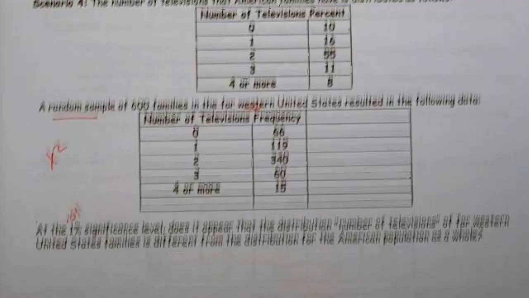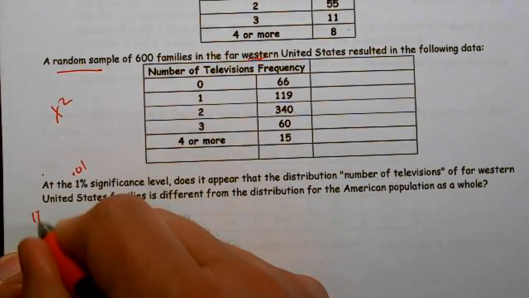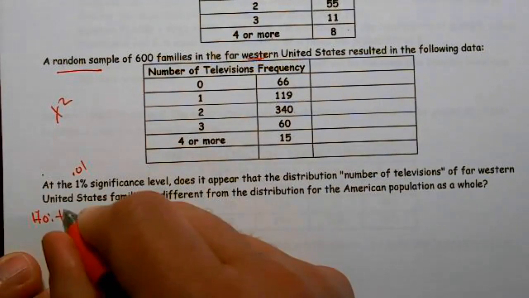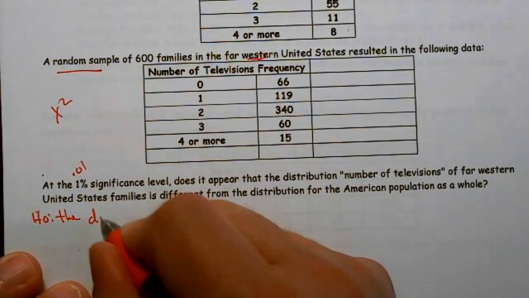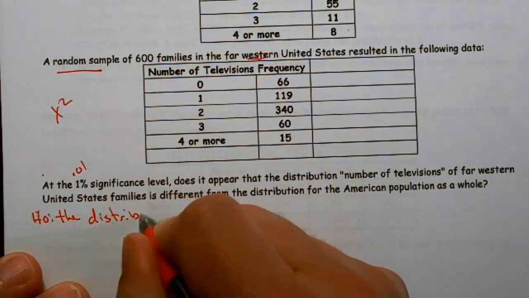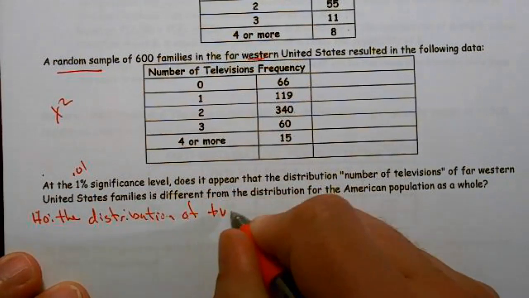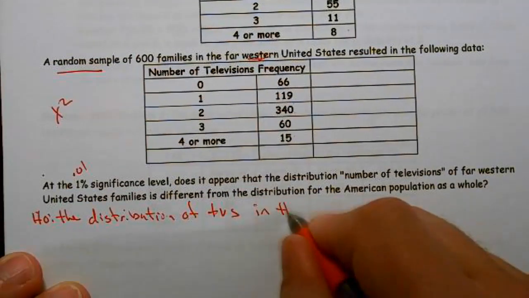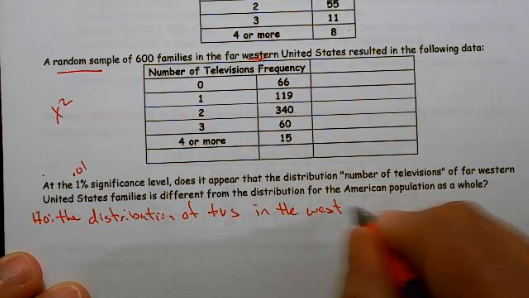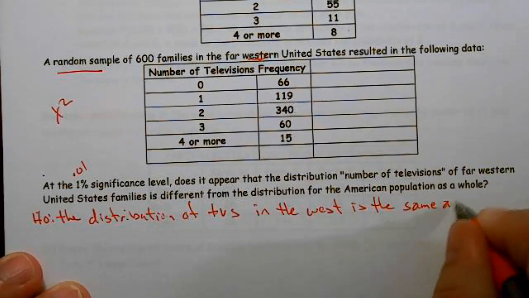So my null hypothesis in this case is H0, the distribution of TVs in the West is the same as the US.